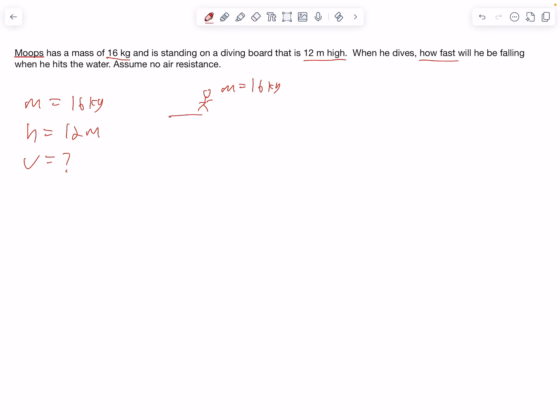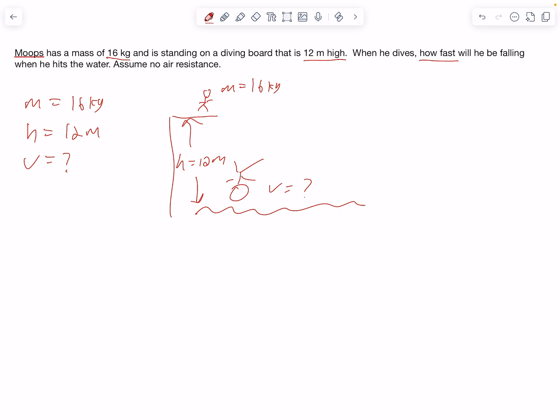So let's redraw this the right way. We got a diving board, and then we have water at the bottom. And at the bottom, v is question mark, and we know this height is 12 meters. Okay, so I'm going to define 2 points.